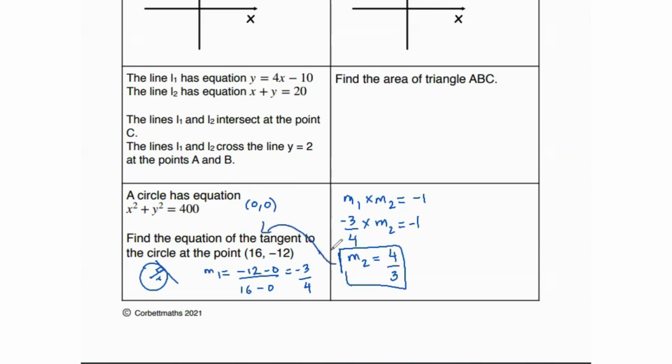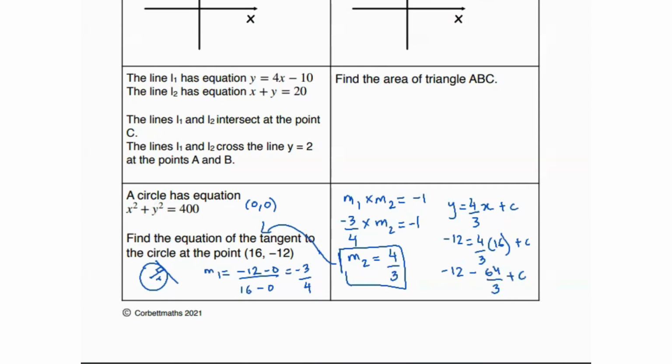Now that we have the gradient of the tangent, and the point at which the tangent is touching the circle, we can find our equation: y equals 4 over 3 x plus c. Substitute the point: negative 12 equals 4 over 3 times 16 plus c, which is negative 12 equals 64 over 3 plus c.